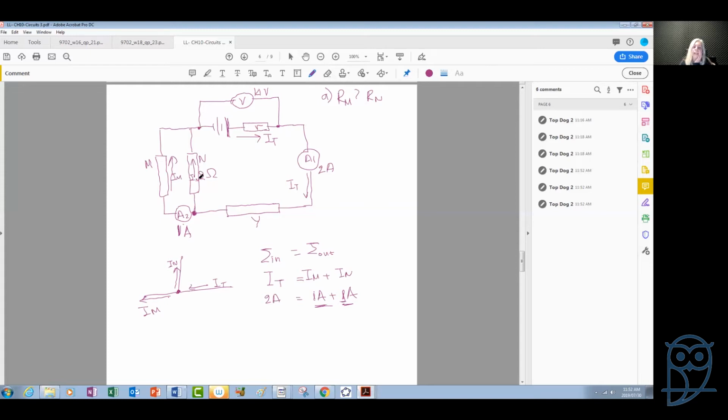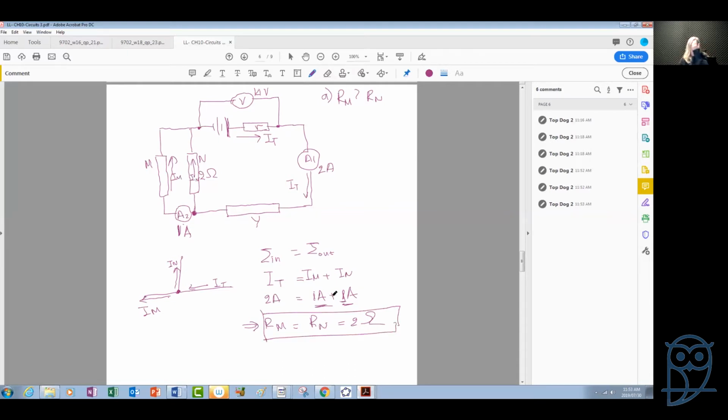If these two currents are equal, what does it tell us about the values of those two resistors? Obviously, these two resistors must be equal, which means that the resistor M must have a resistance equal to the resistance of the resistor N, which is 2 ohms, isn't it? So there we have our answer.